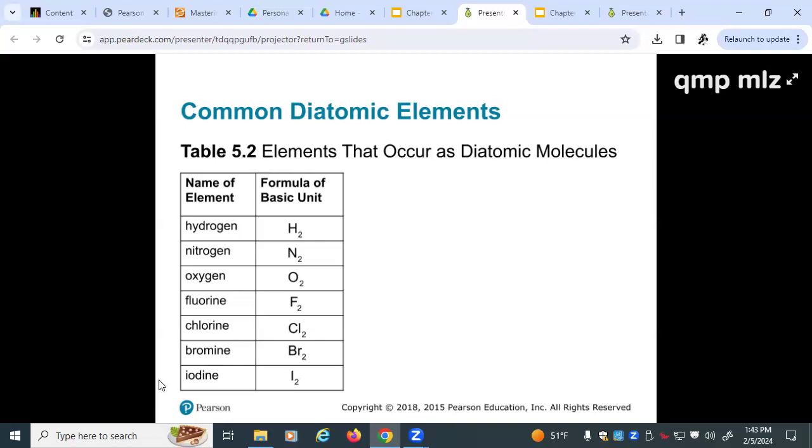So we're talking about oxygen. We know oxygen is very reactive because it's what metals react with when metals are reacting with the air. Nitrogen, also relatively reactive, only exists as N2 naturally.